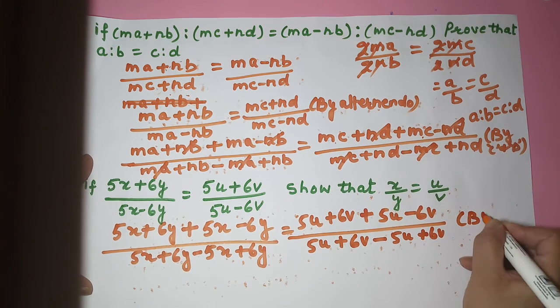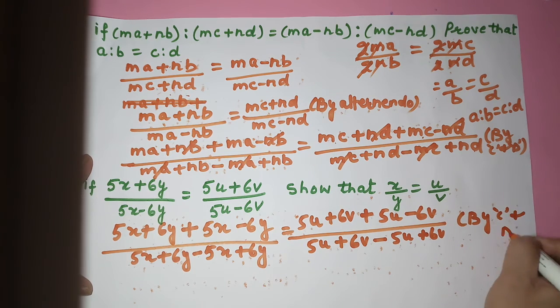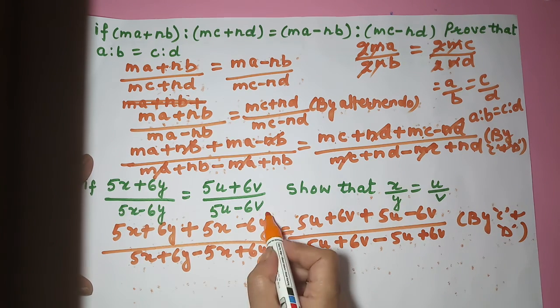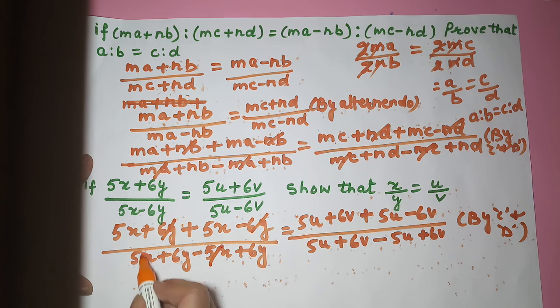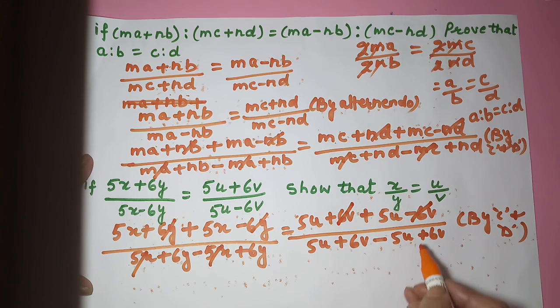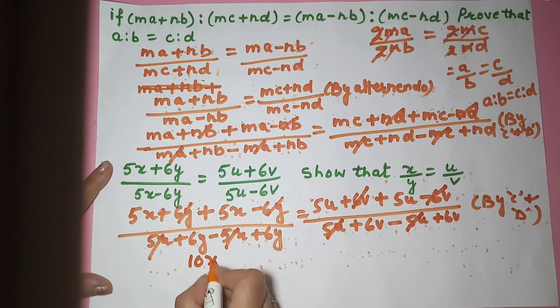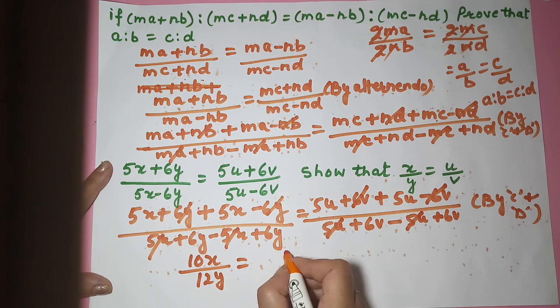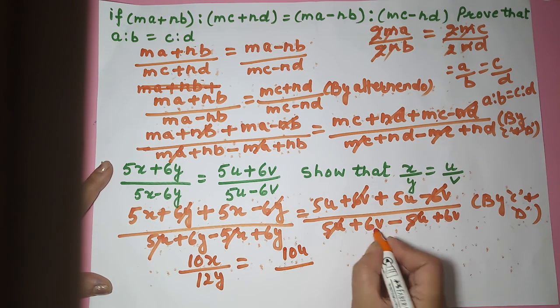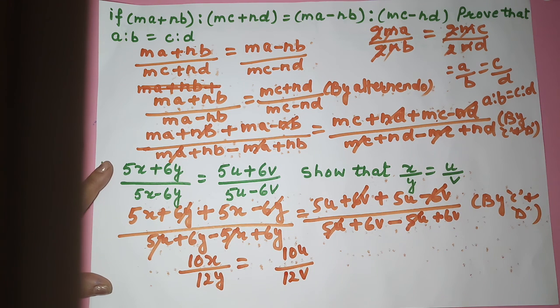So this was by componendo and dividendo. So 6y and 6y will go, 5x and 5x will go, 6v and 6v will go, 5u and 5u will go. So I am left with only 10x upon 12y, and here I am left with 10u upon 12v.